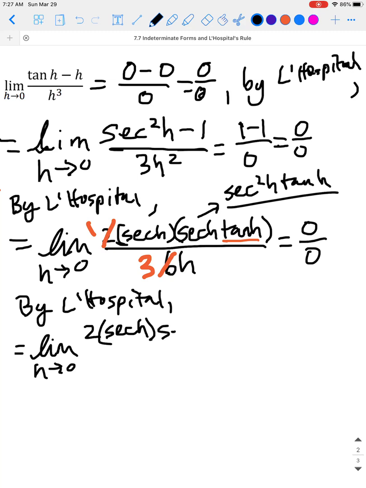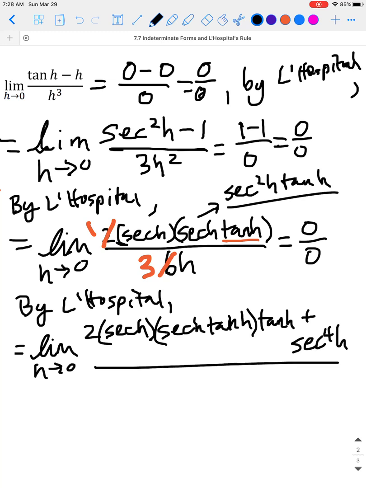So we're going to get 2 secant h times secant h tan h, all times tangent, plus, and now the derivative of tangent is secant squared, so secant squared and secant squared gives us secant to the 4th h. So kind of a long expression, but we'll see here in a moment that it's going to simplify quite nicely. And we're going to get over 3.